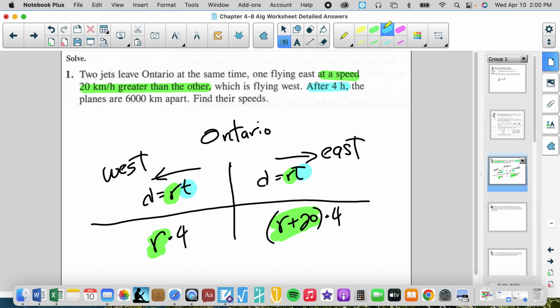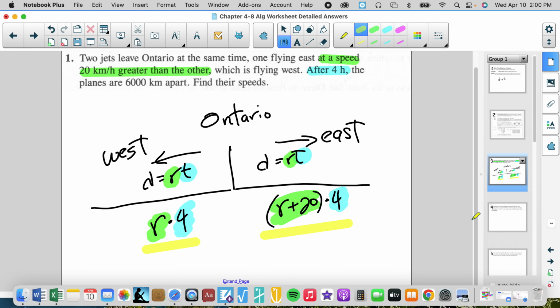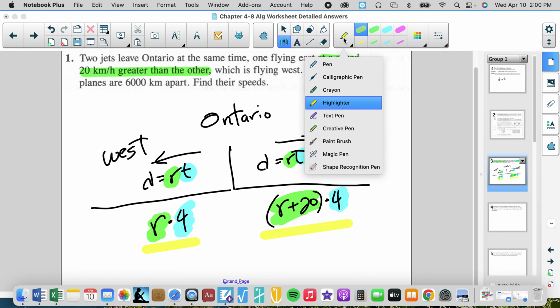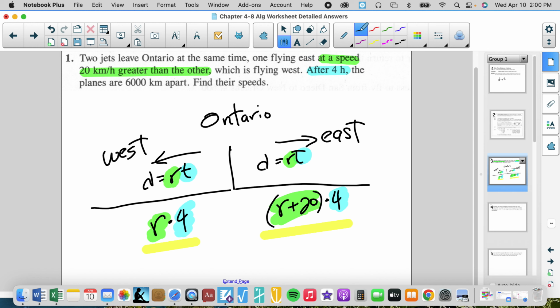So here's the interesting part. This is the distance for the plane going west. This is the distance for the plane going east. Now, I don't know how far they're going west. I don't know how far he's going east, but I know that after 4 hours, that total distance between them is going to be 6,000 kilometers.